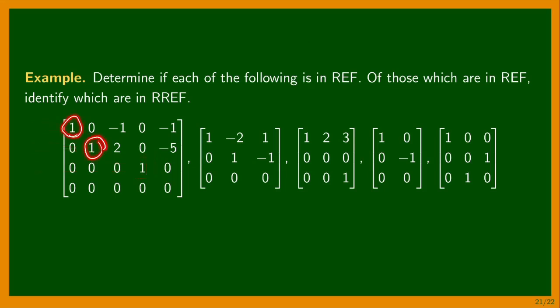Now, are these pivots arranged in echelon form? Yes. This pivot in second column is to the right of a pivot in the previous row. In other words, ganyan, no? Ito yung echelon or yung hagdan. Echelon, it's like a ladder but not physical.